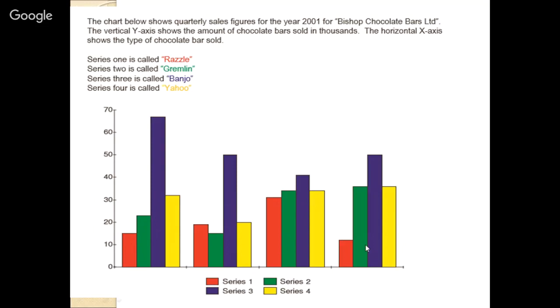I love it. All right. So what about the last one? 11? All right. And guys, we're only going to do Razzle for this one. So we realize that the same thing we did with the line graph, we're doing with the bar graph. We see now 15, 19, 30, 11.